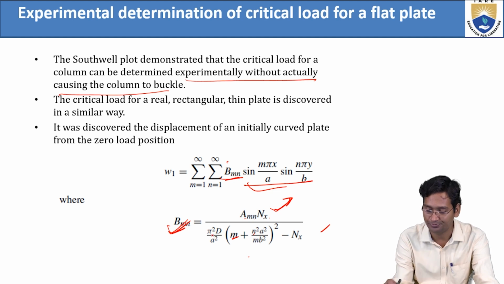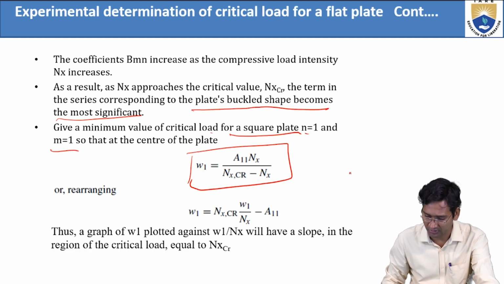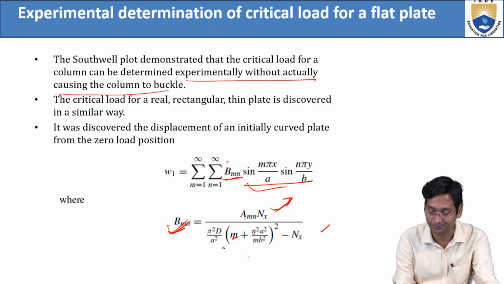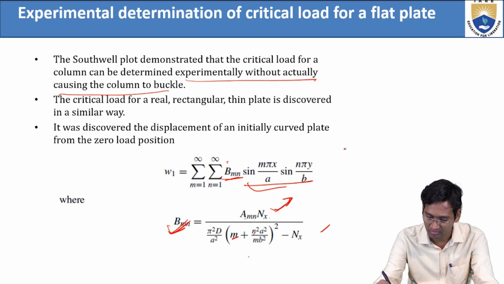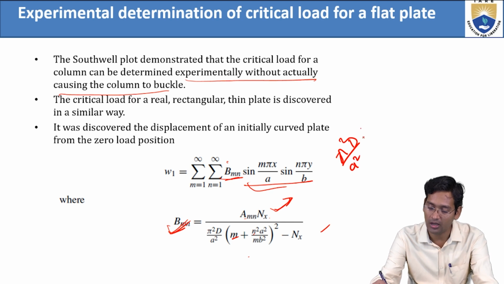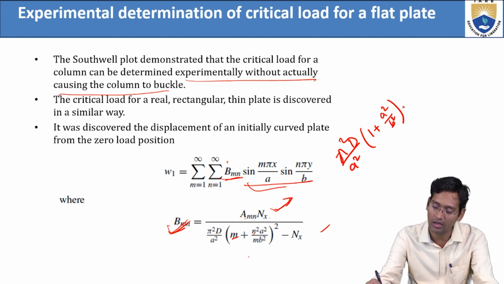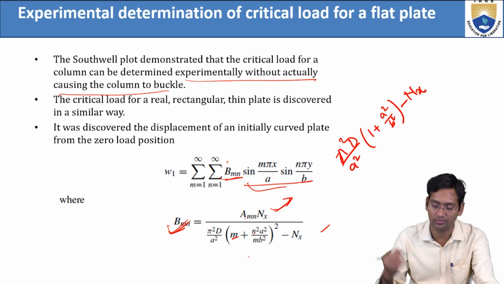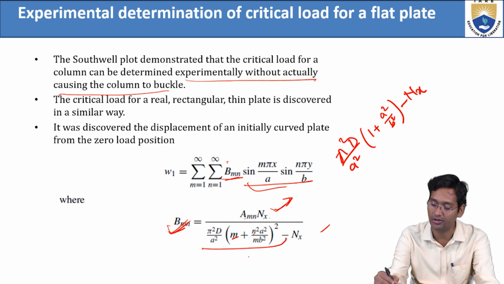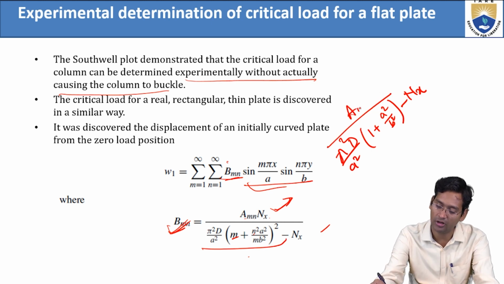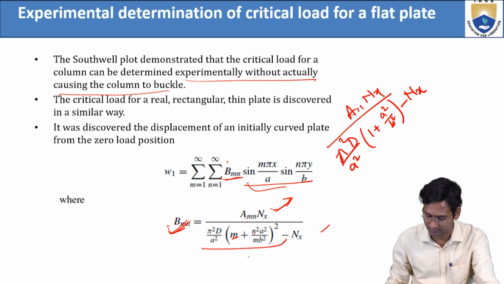So this will be what? Just pi square D by a square into m equals 1. So 1 plus n=1, a square by b square, minus Nx, right? This will be the denominator and the numerator is A11 Nx, right?